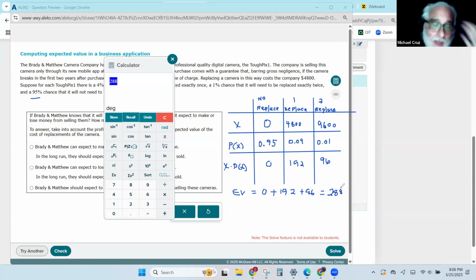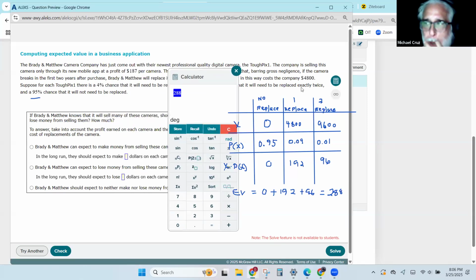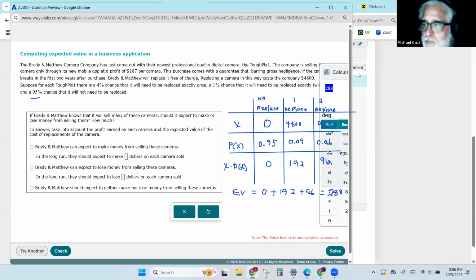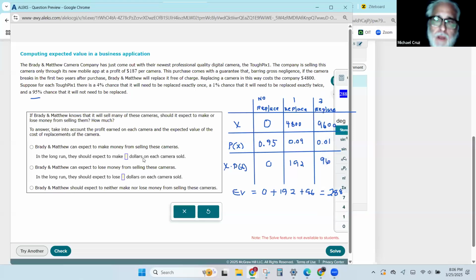So the expected value is 288, but that's not what they asked. We have to go back over here and look at what they ask. If Brady and Matthew know that they will sell many of these cameras, should they expect to make or lose money? Are they going to make a profit? So remember, they're making $187 per camera.